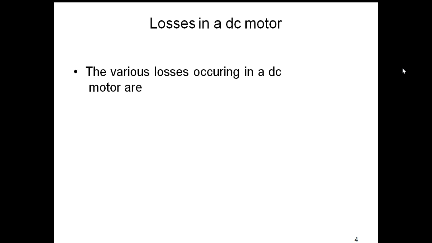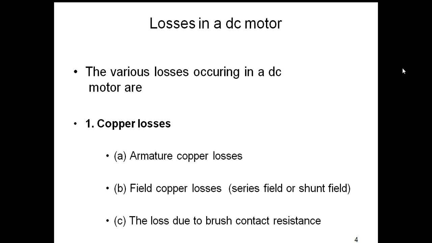Mainly the losses are copper losses, and these copper losses are categorized into the following types.